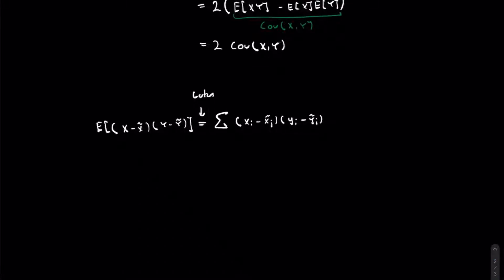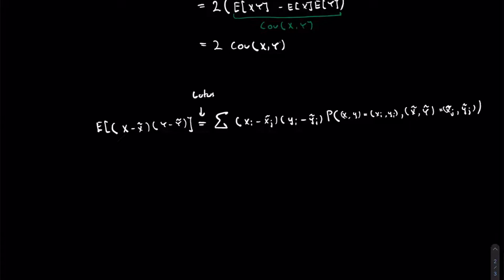Now we have a joint distribution of the probability of the pairs, so I'm going to write (x, y). These are now pairs occurring where they are equal to the pairs of (x_i, y_i), and that joins with the pairs of (x tilde, y tilde) equaling little (x tilde_j, y tilde_j).